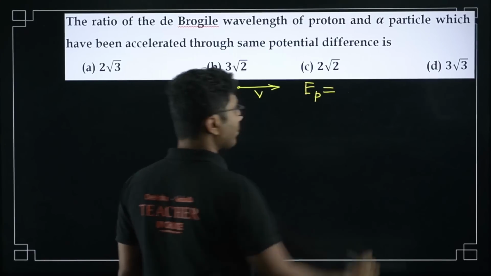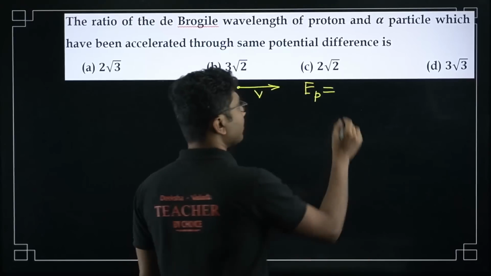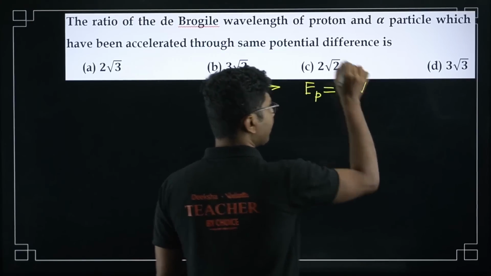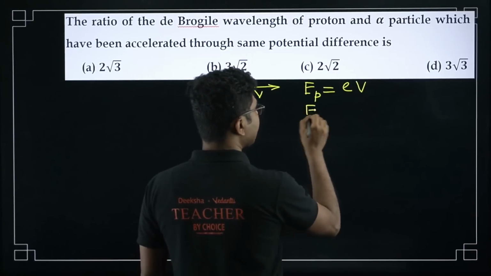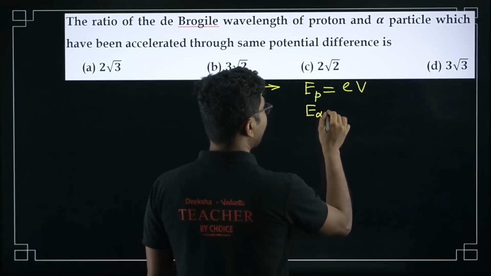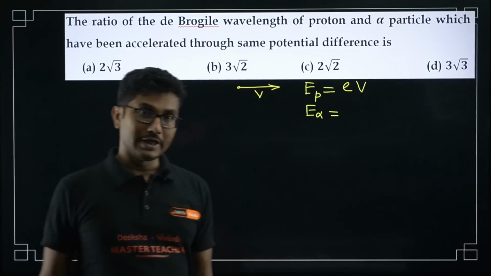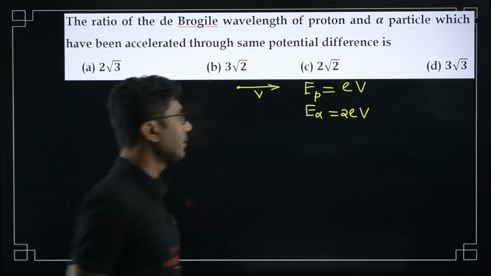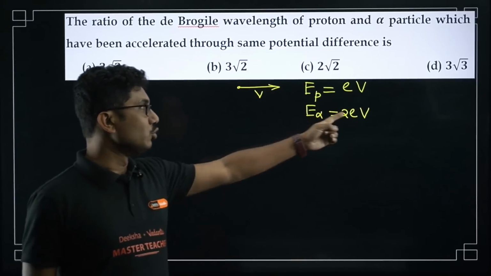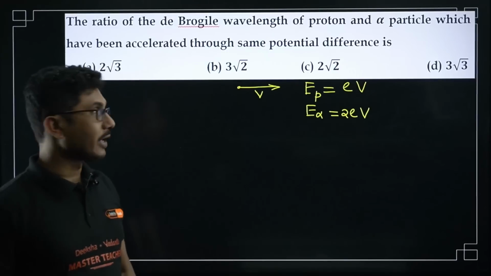Kinetic energy of the proton will be charge of the proton into the potential difference, right? What will be the kinetic energy of the alpha particle? Alpha particle has doubly positive helium, so that means 2e into V. Okay, so alpha particle has 2eV and proton has eV.